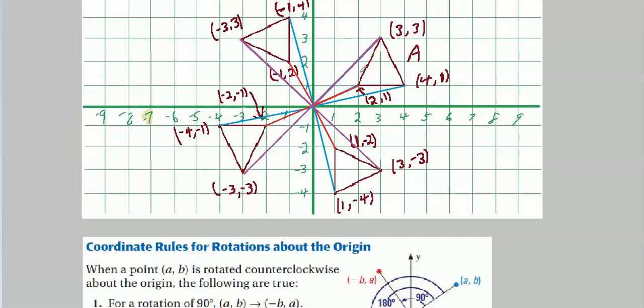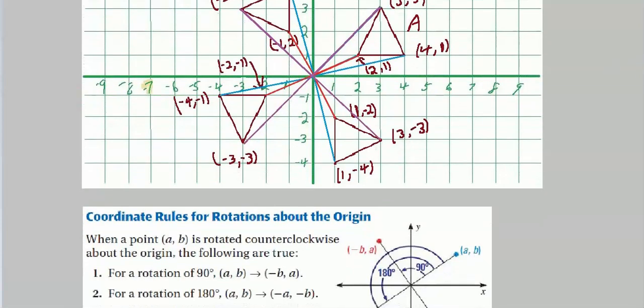For the 180-degree rotation, well, that's just a straight line, right? And lines of the same color should form a straight line. So here we go from 4, 1 to minus 4, minus 1. Do we have a rule for that? Yeah, there it is. We leave them the same.